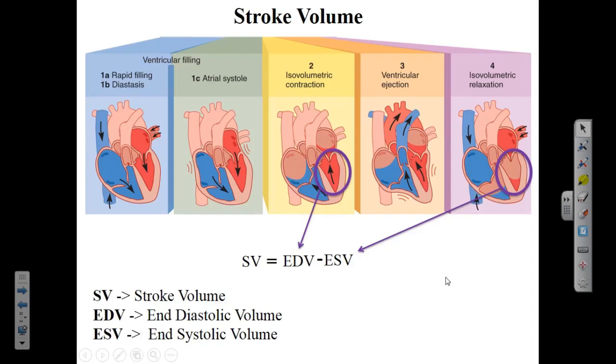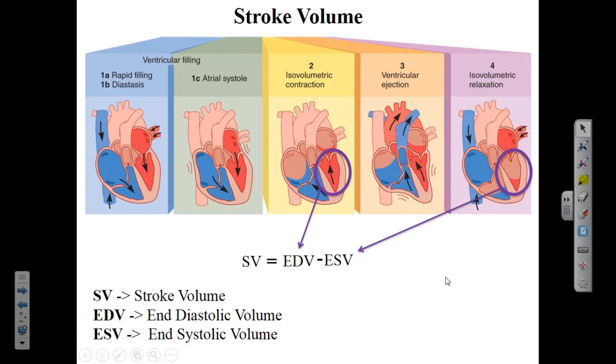Okay, now how can we figure out how much blood was ejected from the ventricles, right? Well, the way to do that is to say, well, how much blood did I start with in the ventricles?